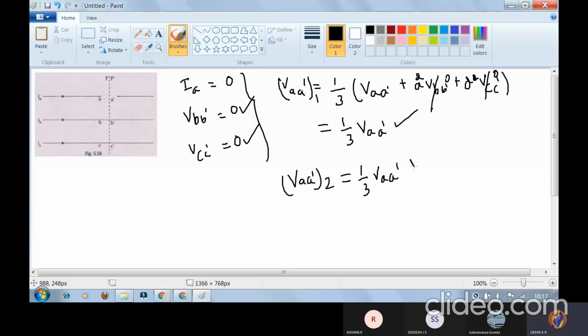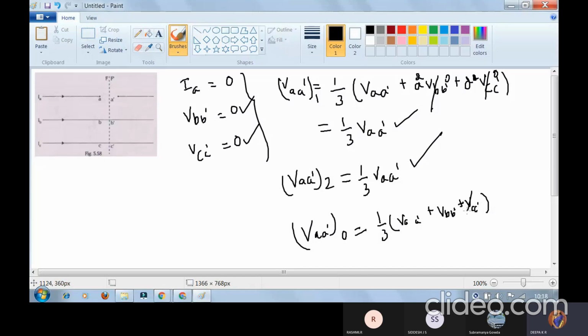Okay, the second case is also done, and I've left out the last case, that is the zero sequence, which we are going to represent as 0 itself. Here also it is the same thing: 1 by 3 into VAA dash plus VBB dash plus VCC dash.